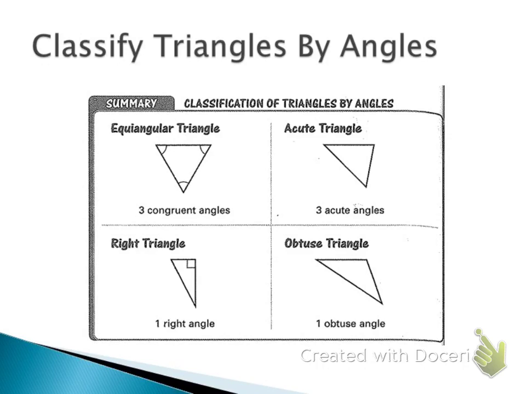It has to be bigger than what number? 90. Bigger than 90 and less than 180. So 1 angle in this diagram, it looks like it's the top right angle that would fall under that specification. 1 obtuse angle. And then for a right triangle, you would only have 1 right angle.